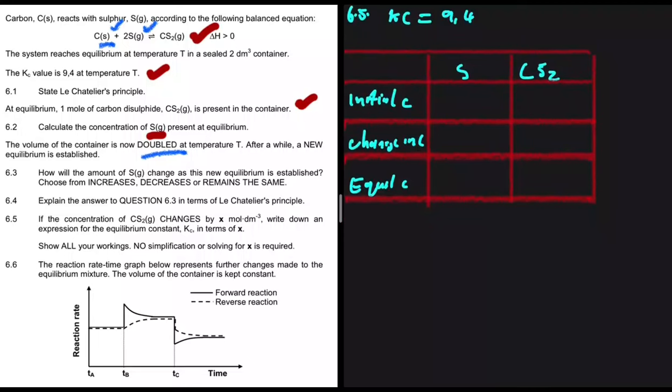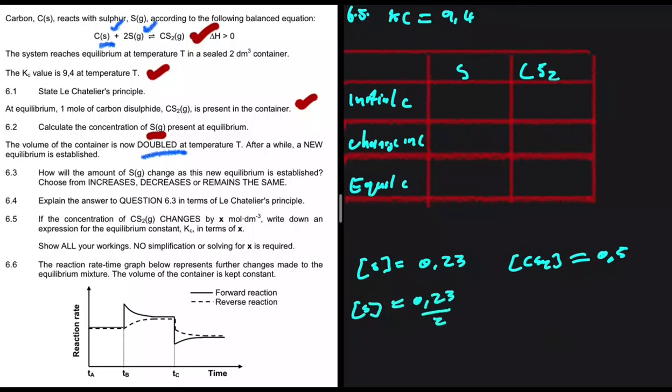There we go. Before we doubled the volume, the concentration of sulfur was 0.23 and the concentration of CS2 was 0.5. When you double the volume, the concentration of sulfur is now going to be equal to 0.23 divided by 2, which is equal to 0.115.